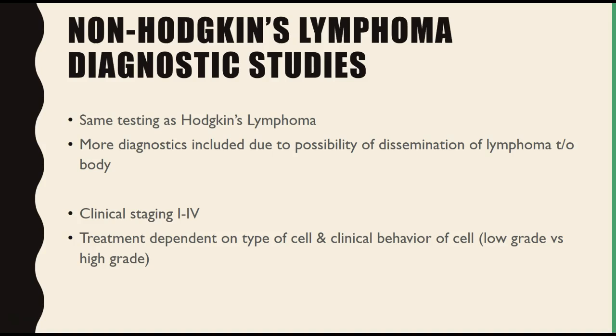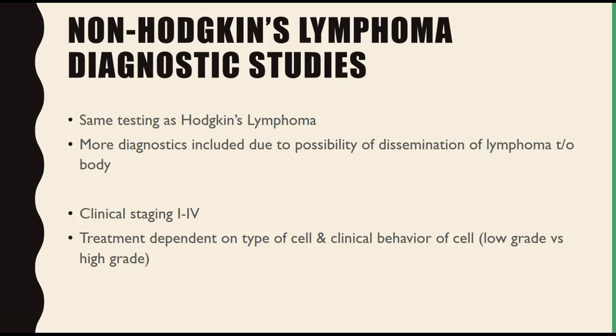They will do an excisional lymph node biopsy, remove the lymph node, bone marrow examination, and then they will take it to another level with more diagnostics, including other ways to look for dissemination of the lymphoma throughout the body, and that includes like an MRI, lumbar punctures, things like that to check for other areas of the body that might be affected. Clinical staging 1 through 4 is used here as well, and this is going to guide treatments and therapy for the patient.